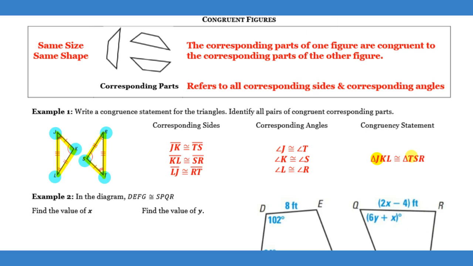They both come first. And if you look at the side lengths, JK is the first side length in this triangle, and TS is the first side length in the second triangle. And those side lengths were congruent. So just make sure that all the pieces line up so that the congruent parts match.